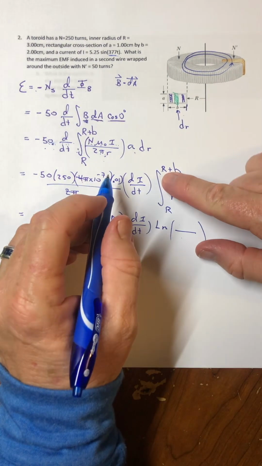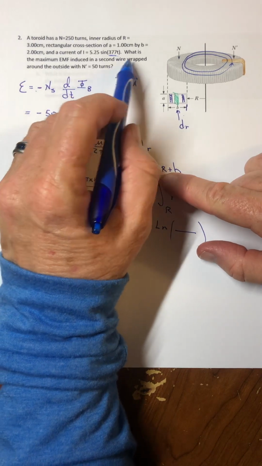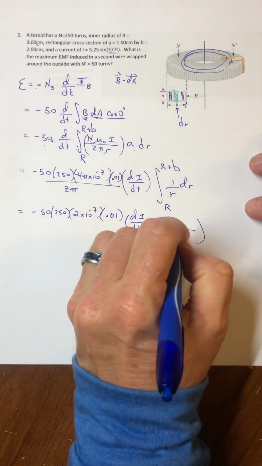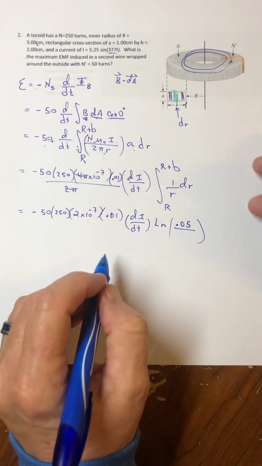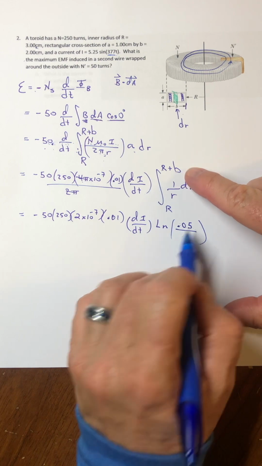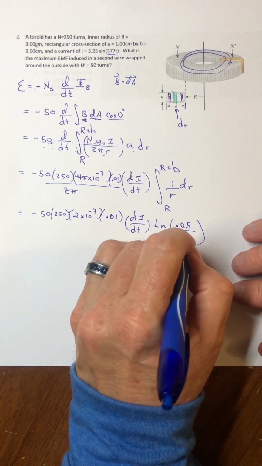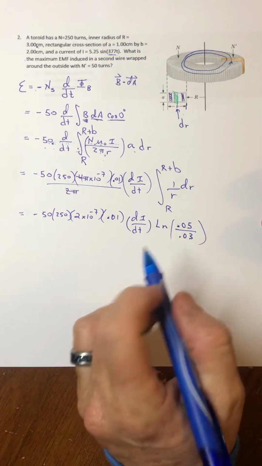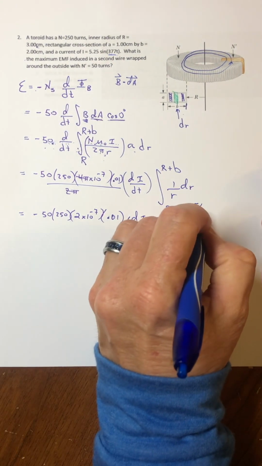This r, I believe, was 3 centimeters, and b is 2, so there's a total of 5 centimeters. That would be the r plus b in the numerator, and then the 3 in the denominator, which is the same as just 5 over 3.